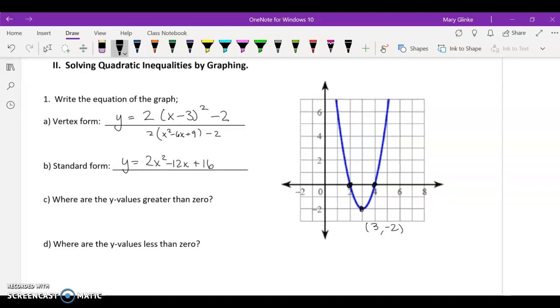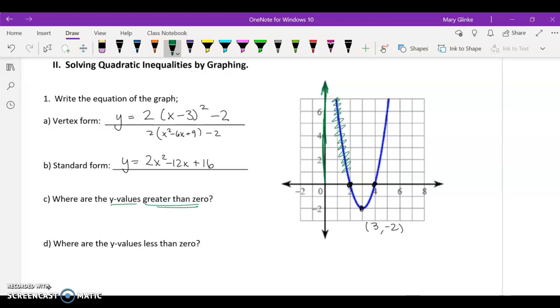We are looking for where the y values are greater than 0. If we're looking at y values greater than 0, on our y-axis, that would be everything up here, okay? So looking at our graph here, all of our y values are greater than 0 on 2 different parts of my parabola. Everything to the left of 2 and everything to the right of 4.